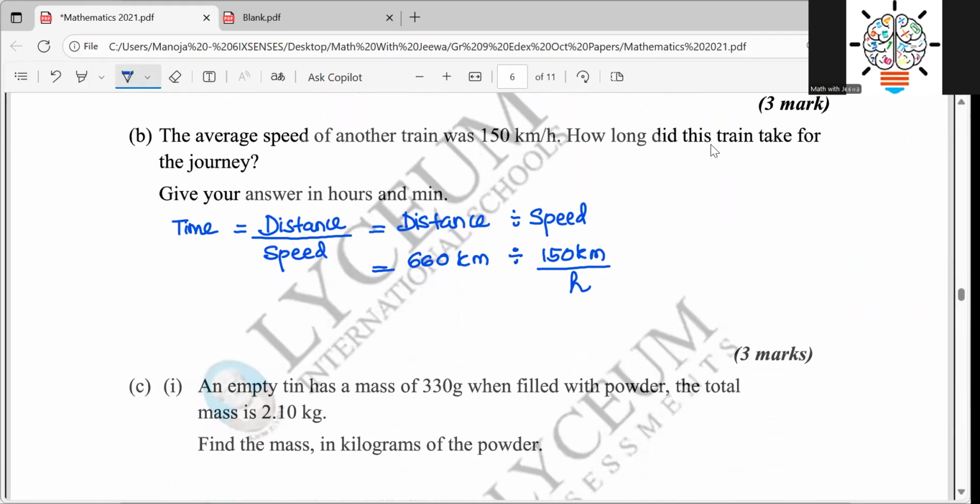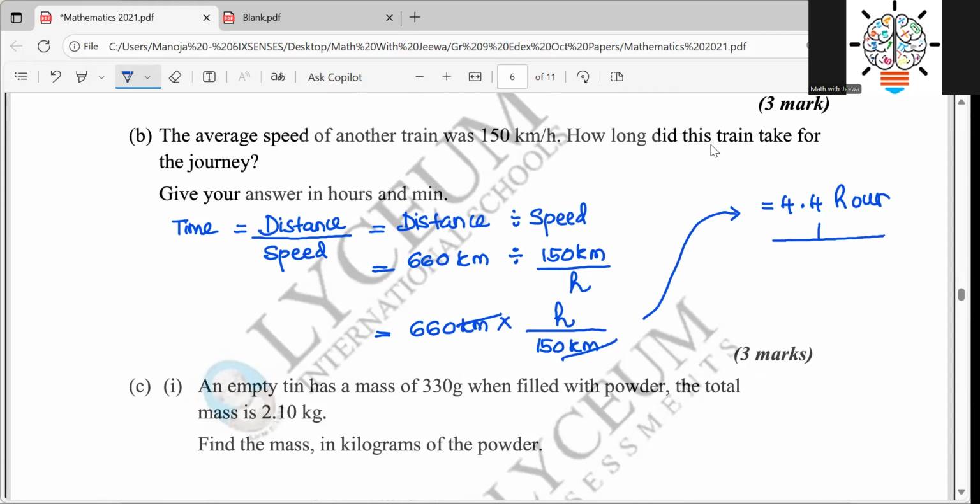I can convert the division into multiplication, and here the hour will be up, and 150 kilometers. Kilometers we can cancel. So you have 660 divided by 150, and it gives me the answer, 4.4 hours. But here we are supposed to write hours and minutes.